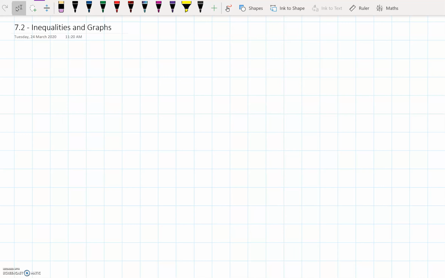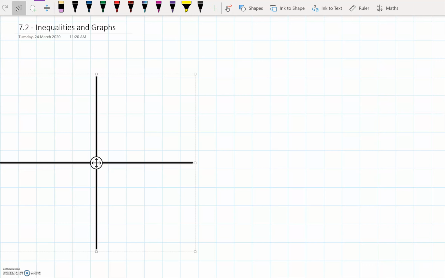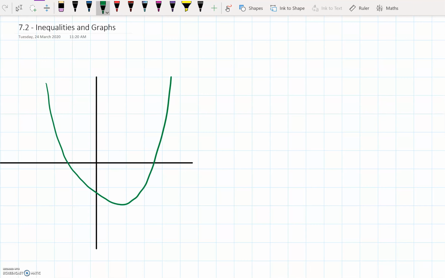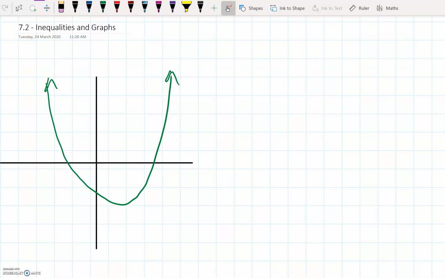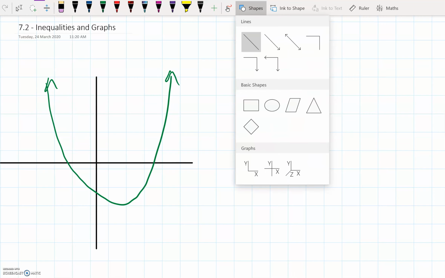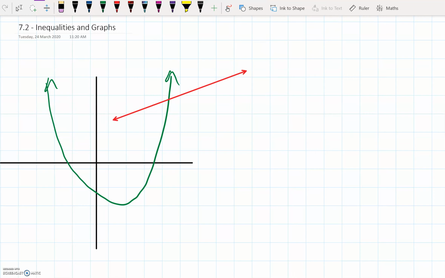Okay guys, what we're going to look at now are inequalities and graphs. So, if we have an axis like this, and on that axis we have some graphs. Let's say that we have a nice parabola like this one, and we have a nice straight line, which I'm going to draw properly, like this.